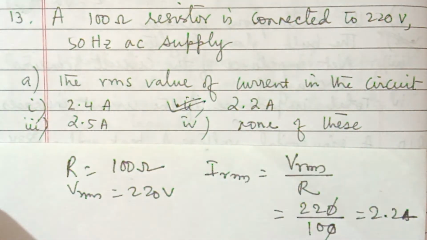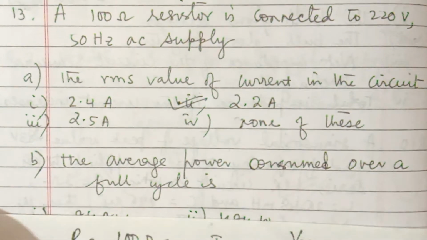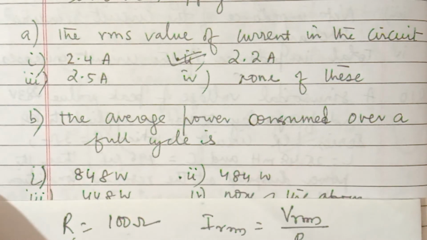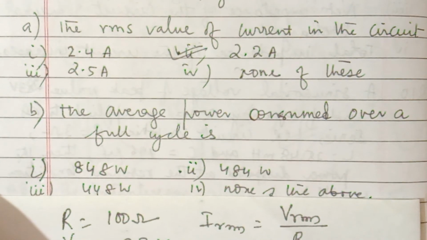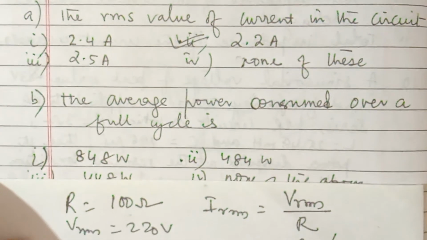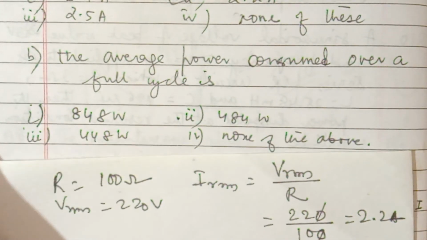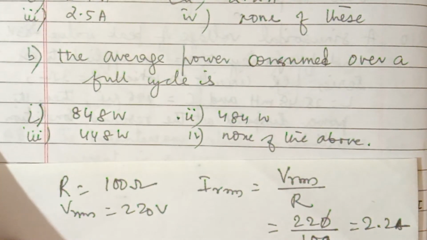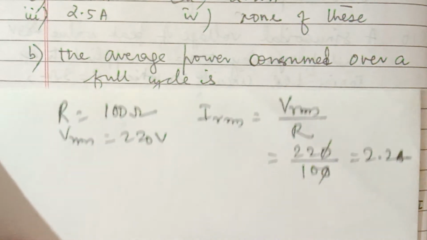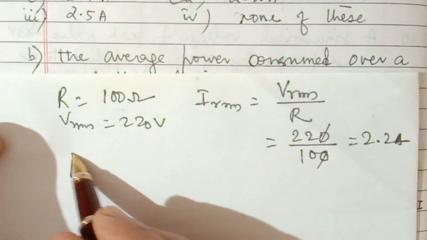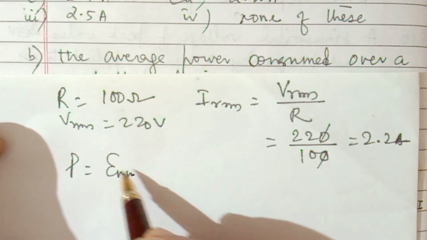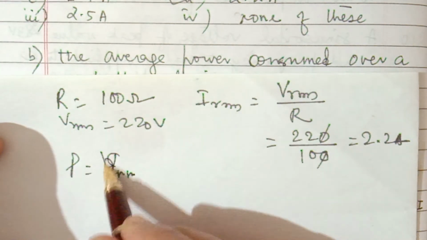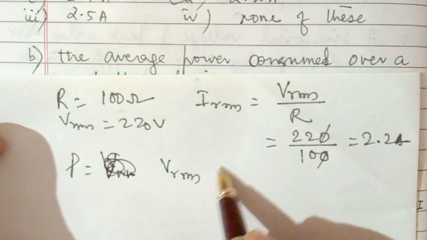Okay, so the second option is correct. And the next question is, the average power consumed over a full cycle in the resistance. So the formula you can use is VRMS into IRMS.